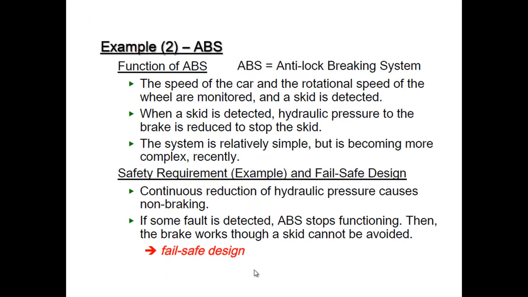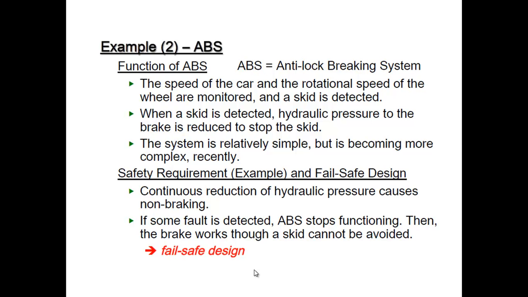The second one is mainly the anti-lock braking system, which we shortly call ABS. The speed of the car and the rotational speed of the wheel are monitored. Whenever there is a possibility of skid, or whenever a skid is detected, the brake is applied, so it avoids the collision.